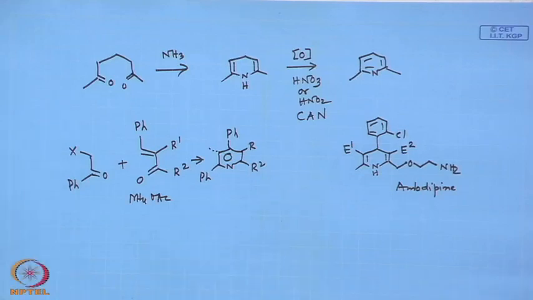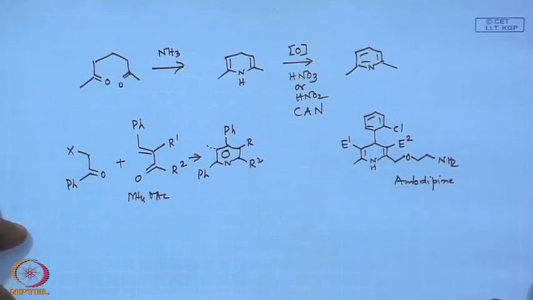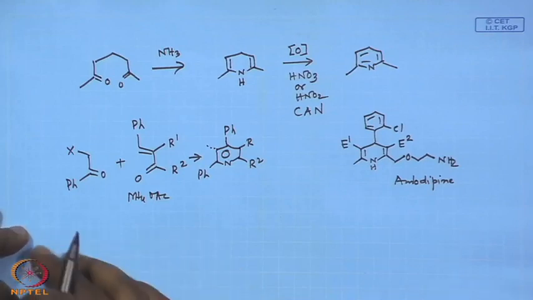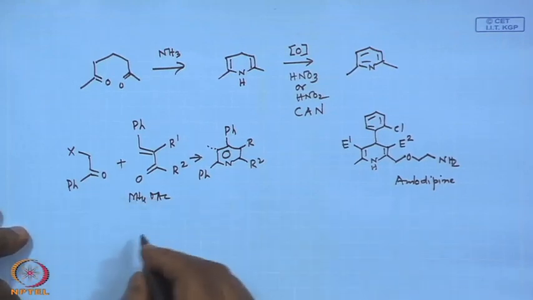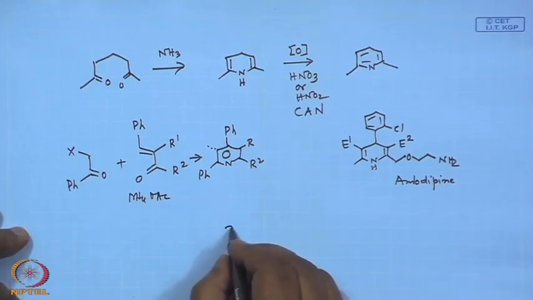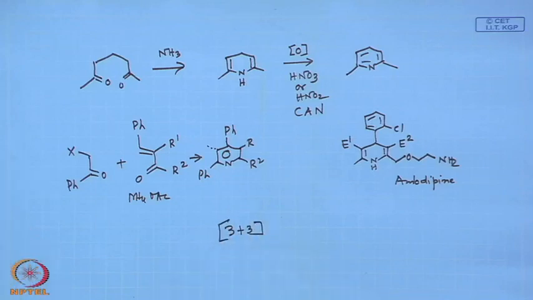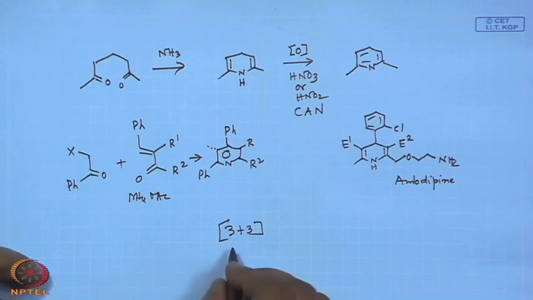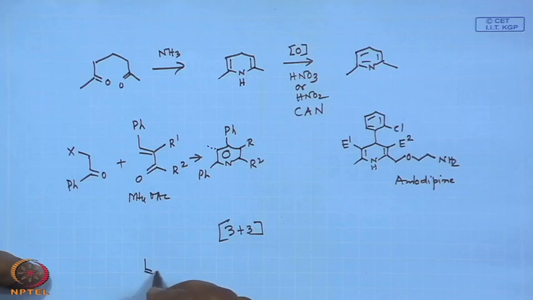The other possibility, a sort of variation of this one, is the 3+3 mode. And in all of these 3+3 modes, you will find one of the components is a 1,3-dicarbonyl compound.